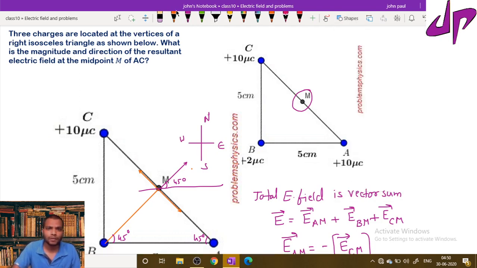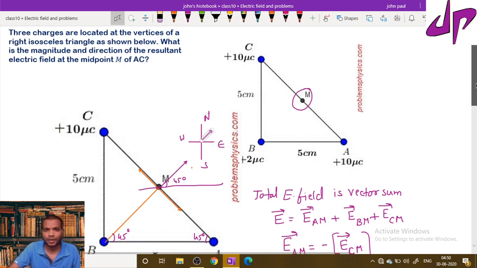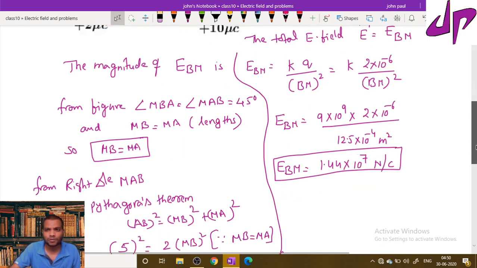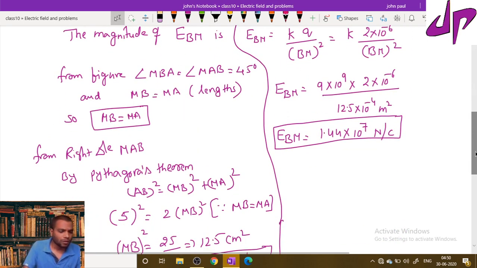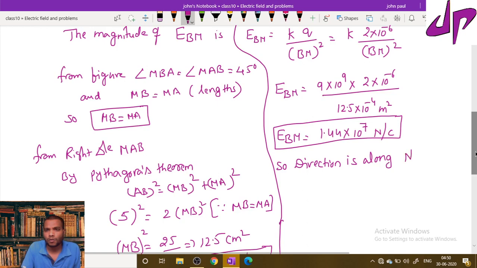The electric field is along this direction, so we can say the direction of the electric field here is northeast.